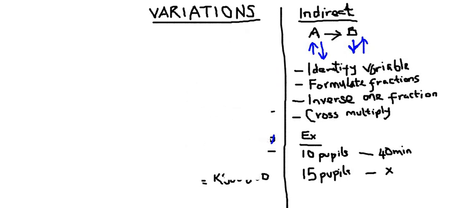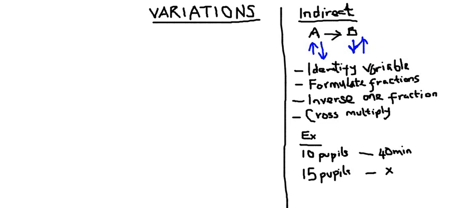So by increasing one quantity, the number of pupils, we are causing a reduction in the amount of time spent. So our solution, following the steps: step number 1, we identify the variables. In this case, our variables are the number of pupils and the time in minutes.